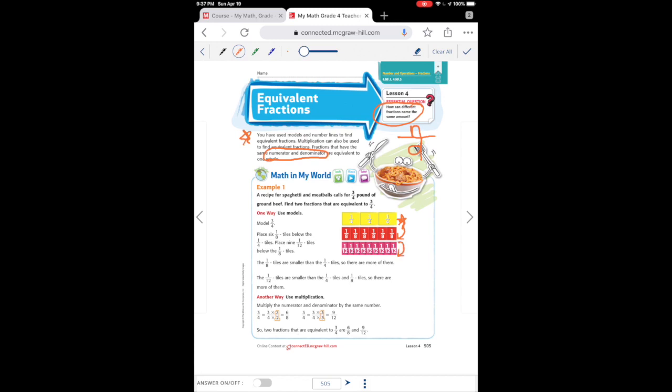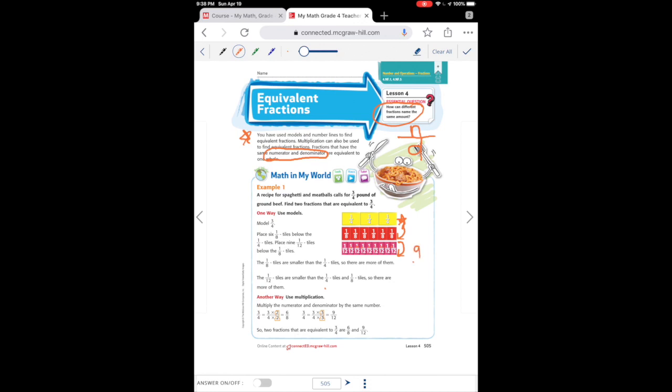The 1/8 tiles are smaller than the 1/4 tiles, so there are more of them. The 1/12 tiles are smaller than the 1/4 tiles and the 1/8 tiles, so there are more of them. All right, so how many 1/12 tiles are there? 1, 2, 3, 4, 5, 6, 7, 8, 9.